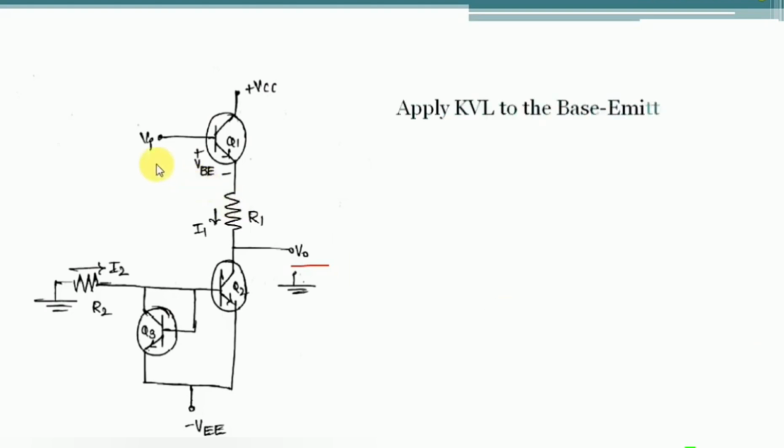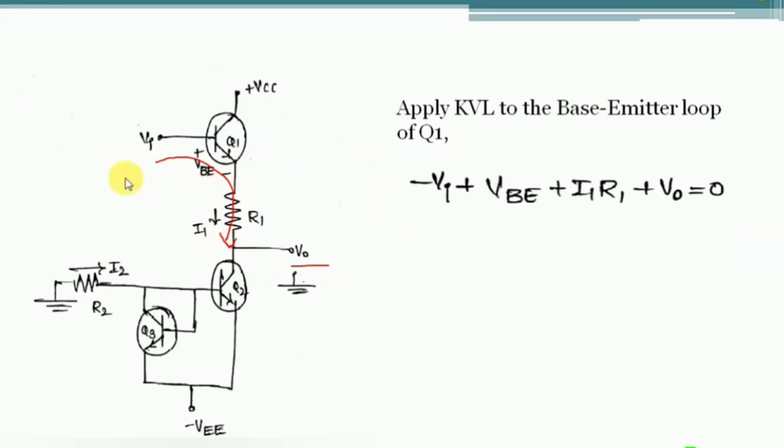Simply apply KVL to the base emitter loop of transistor Q1. Applying KVL to this loop, we get minus Vi plus VBE plus I1 into R1 plus V0 equal to 0, which means V0 is Vi minus VBE minus I1 into R1.